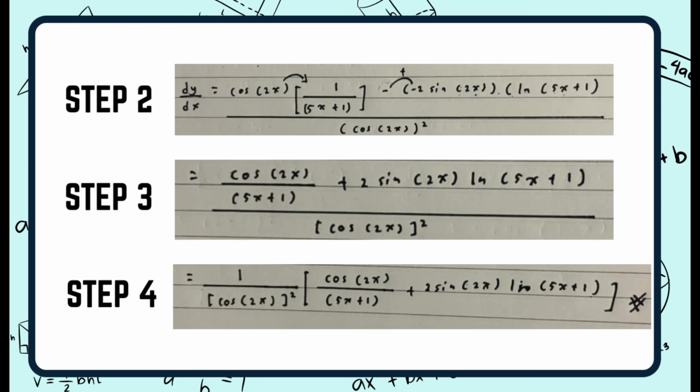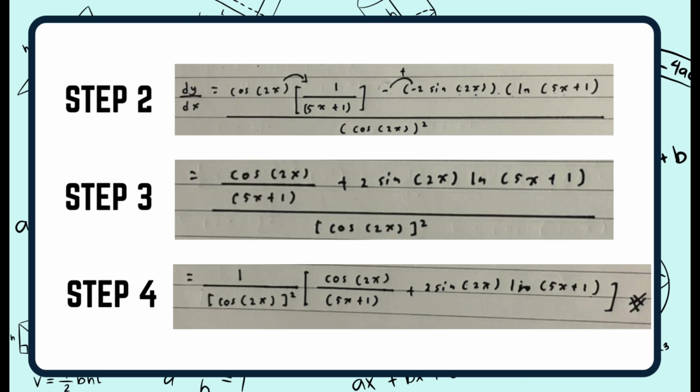In step 2, we can bring the cosine 2x to the upper side of 5x plus 1, where in step 3 we get cosine 2x over 5x plus 1. We also see that the front of negative 2 sine 2x is negative, so we turn it into positive, and get plus 2 sine 2x natural logarithm 5x plus 1 over cosine 2x squared.